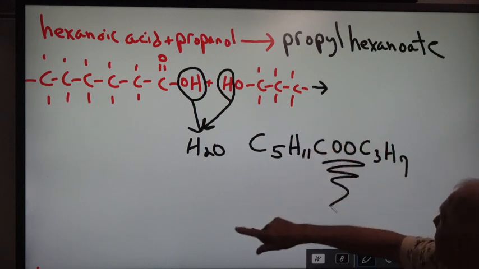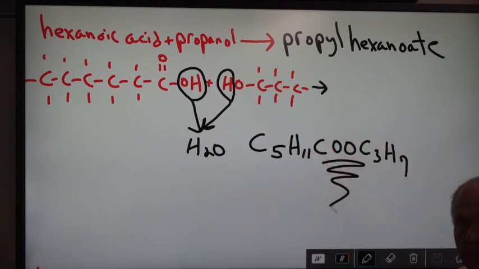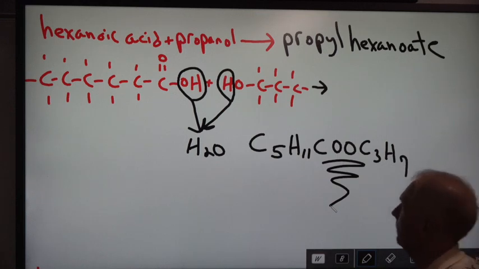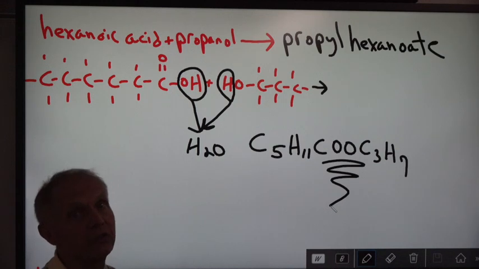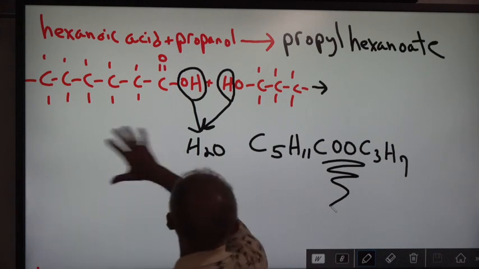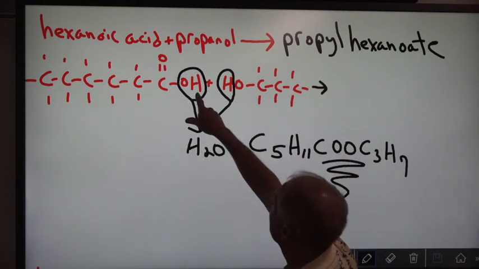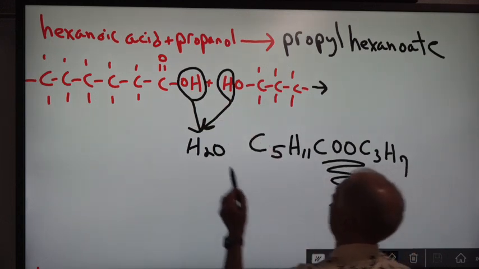Okay. Let's do the structural formula because I did it backwards this time. So we have this. Now watch what I'm going to do because I'm going to make it real easy for the structural formula. This whole thing, I have to take out the OH and the H. So that's what I'm going to do.